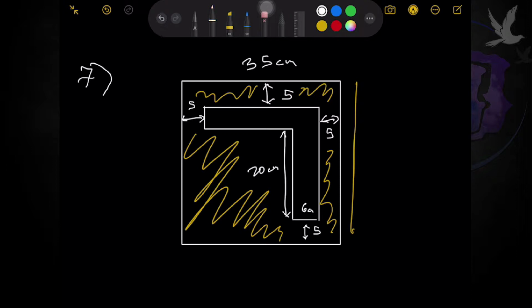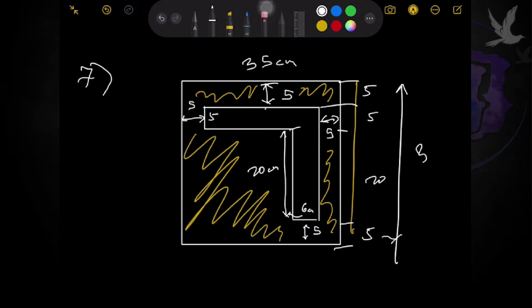So we can say that since this is 20, this is 5 and 5, 20, and this is also 5, so which means this missing part here is also 5. Ito. Okay. So, yun na nga, since square nga siya, this should be equivalent to 35 centimeters as well.